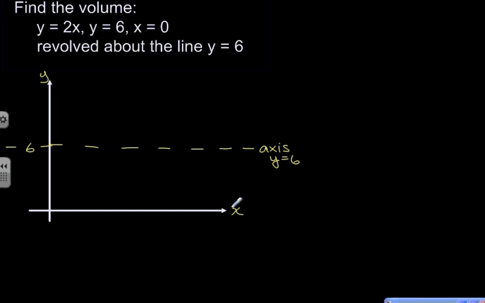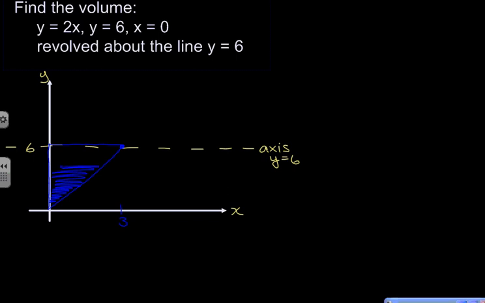So we have the equation y equals 2x, and we have the line y equals 6, so our axis is also a boundary for our area problem, and x equals 0, or the y-axis.